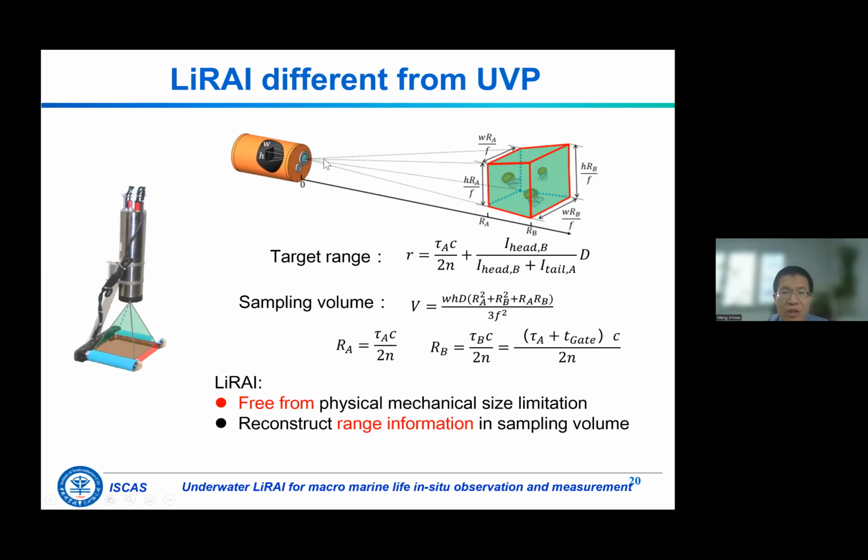For LiRAI, we use a gated method to establish a volume of interest, and we can also construct a target range, and the sampling volume can be calculated from this formula. So LiRAI can be free from a physical mechanical size limitation, and also can reconstruct range information in the sampling volume.